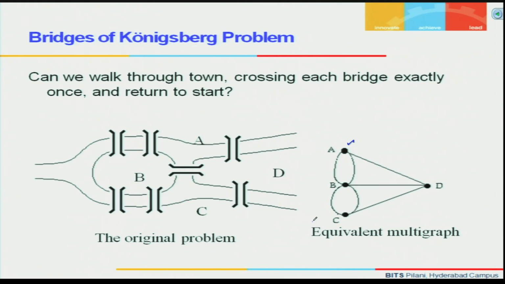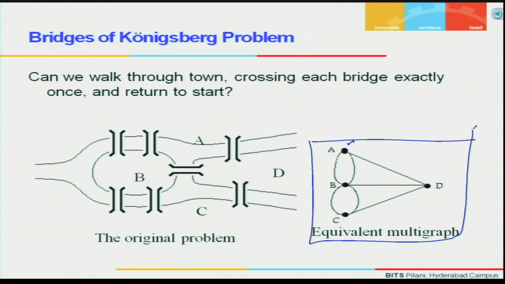Simply because the theorem says that for a graph like this to have a Euler circuit, each vertex should be of even degree. Otherwise you are not going to have a Euler circuit in it. If you see this particular graph, this vertex called D has 3 as its degree, isn't it?